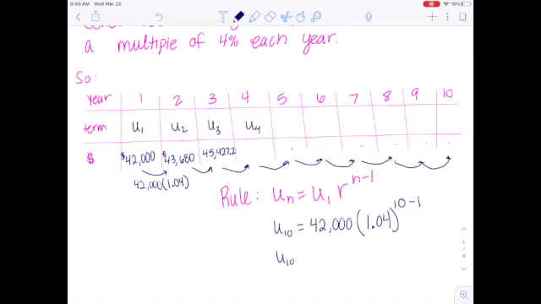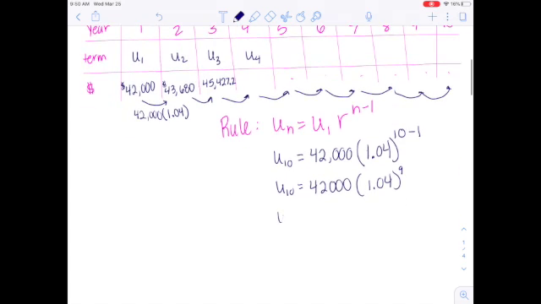I simplify that down. Make sure you follow order of operations. That's 42,000 times 1.04 to the 9th, which is, in the end, $59,779 and 10 cents. That would be my salary in the 10th year.